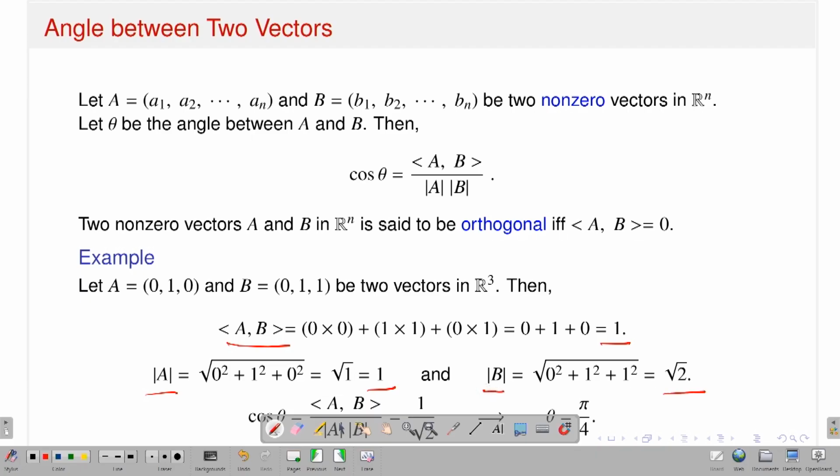So cos theta equals the dot product of A and B divided by the product of modulus A and modulus B, which is 1 by root 2. Cos theta equal to 1 by root 2 means theta equals 45 degrees, pi by 4. You can easily visualize this by drawing the two vectors and see that the angle between them is 45 degrees.